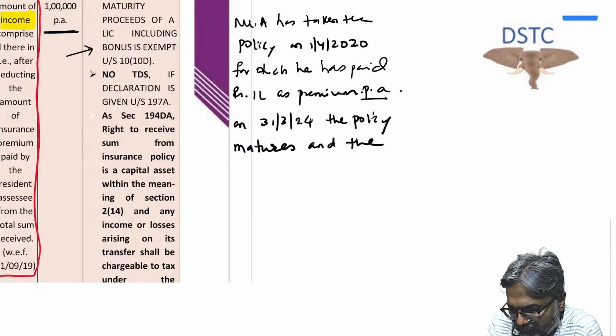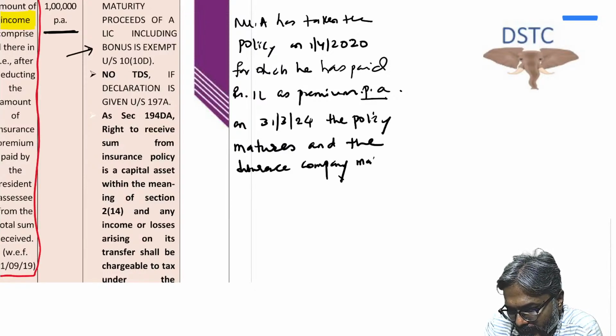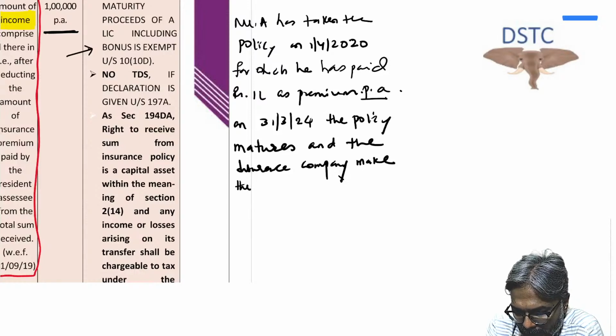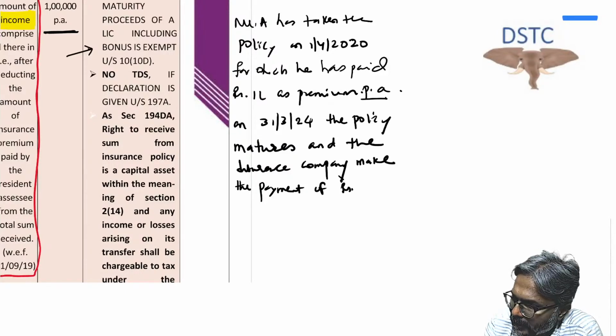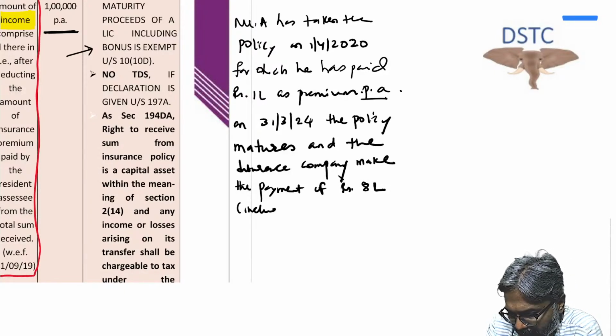and the insurance company makes the payment of rupees 8 lakhs, including the bonus amount.